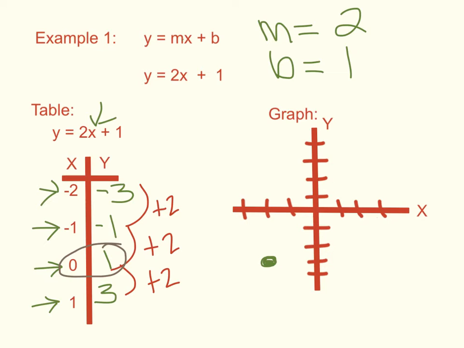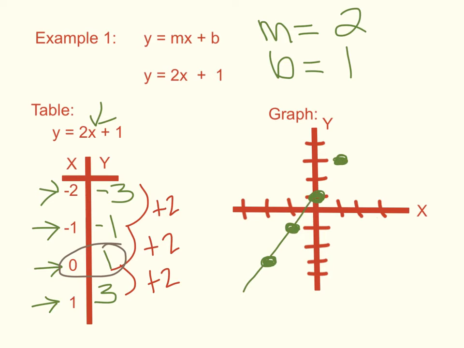We can go over 1 and down 1 and plot the point. Our y-intercept point is 0, 1. So we don't go anywhere on the x-axis, but we go up 1 on the y. And our next point, 1, 3, we go over 1 on the x-axis and up to 3 on the y-axis.